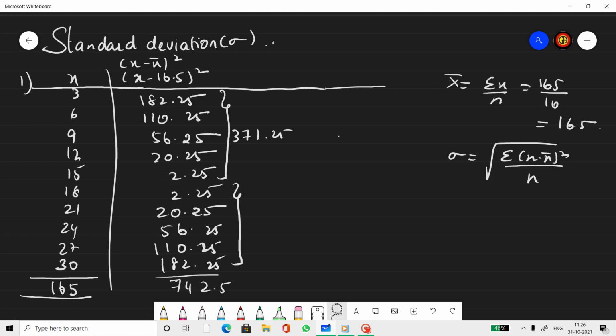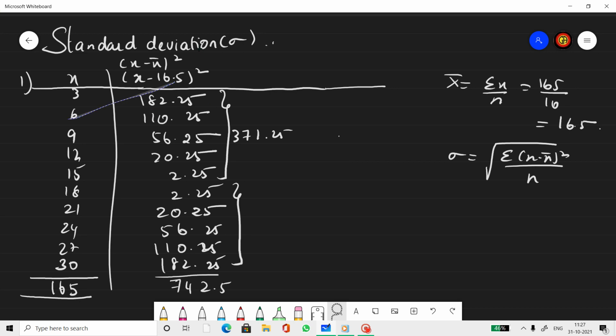So here I've done the calculation already, but I'll tell you how I did it. X bar, we found it as 16.5, which I showed you earlier. And now every value of x is subtracted from 16.5. So 3 minus 16.5, the whole square. Subtract 3 from 16.5, which is 13.5, the square of that is 182.25.